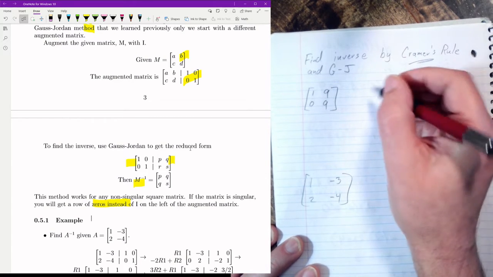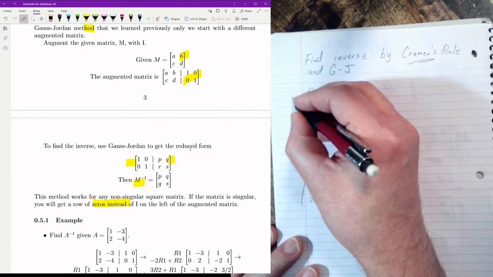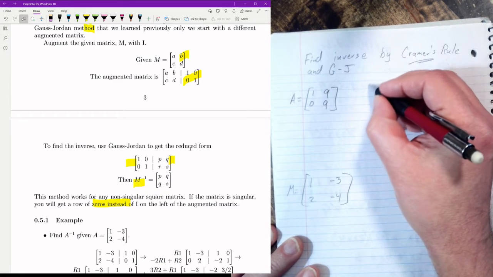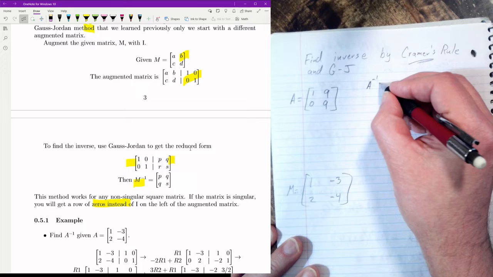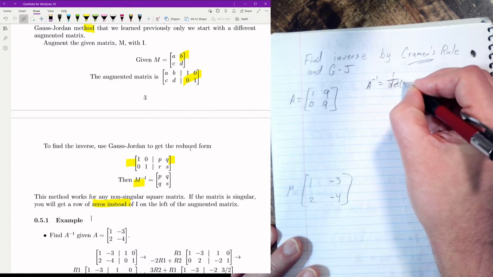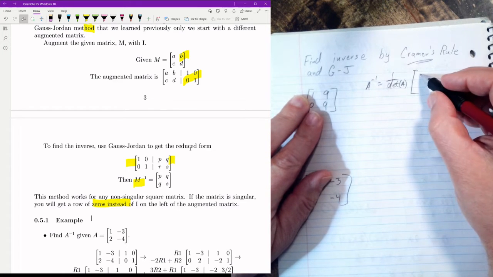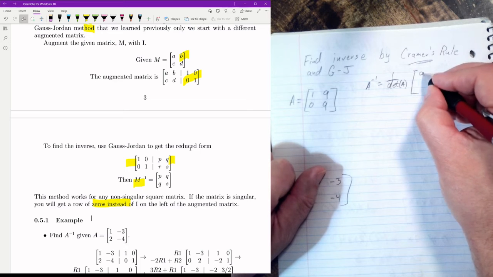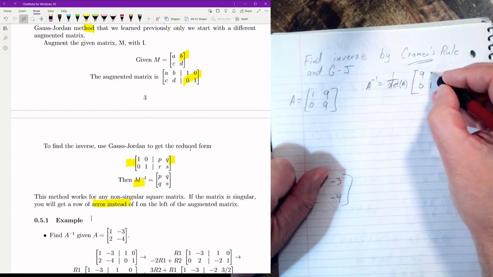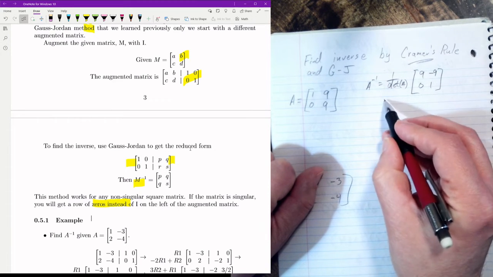So recall, by Cramer's rule, let's just call this A. We'll call this one M. So A inverse is equal to 1 divided by the determinant of A times, and we switch the A and the D, and we negate the B and the C. Okay?